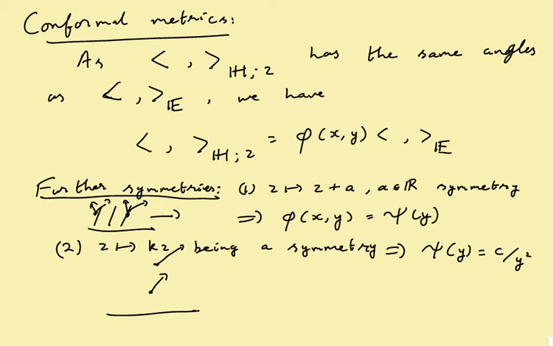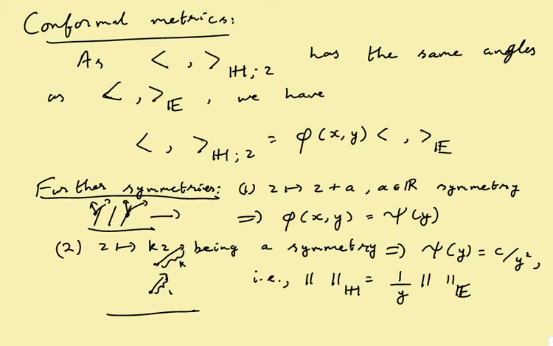If this has length 1, this has Euclidean length k, but the hyperbolic length should be equal. That can only happen if we scale the hyperbolic norm by a factor of 1 over y, sorry, over the Euclidean norm, to cancel the fact that things have expanded. So the y squared comes for the inner product.